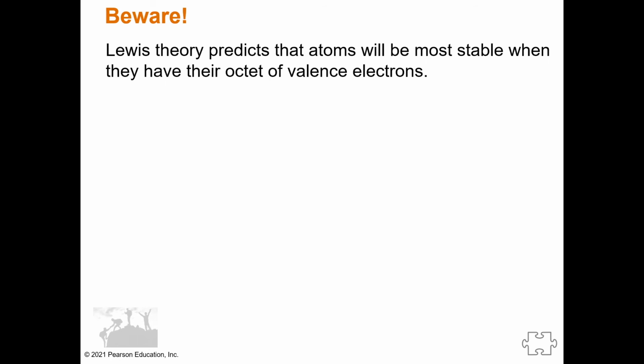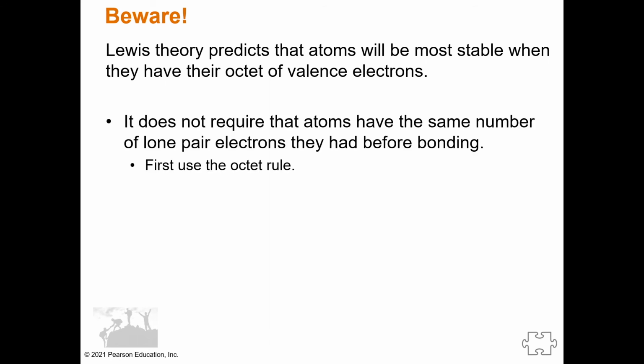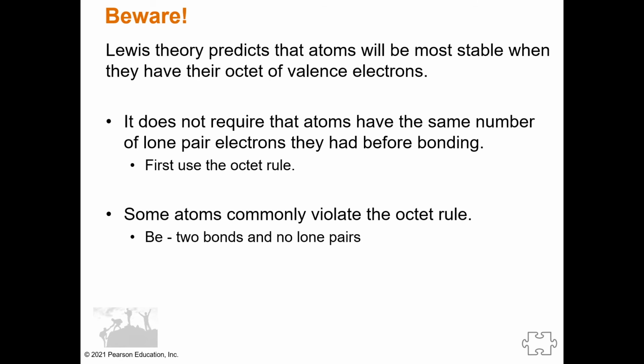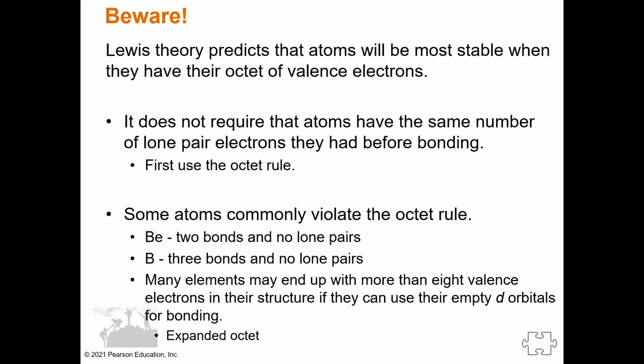Well, there are going to be some exceptions to the octet rule. With hydrogen, we know that it cannot form a complete octet. It'll form a complete duet. For an element like beryllium, only 2 bonds would form. Boron would be 3 bonds. There are also going to be others that would have an expanded octet. These elements are found in the 3rd period and below.